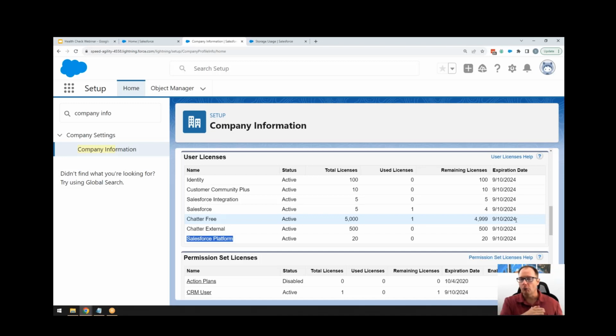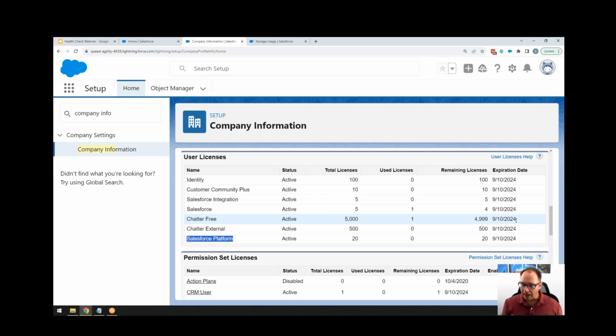Now, Salesforce will always let you buy more. So if you have Sales Cloud and you've got 50 users and you want to buy another 5, you can always add onto what you have. But if you ever want to reduce the number of licenses or change the license, you have to do it in that renewal period.